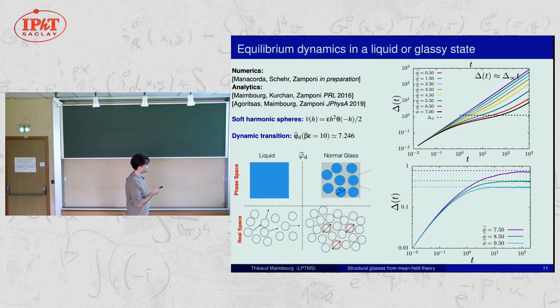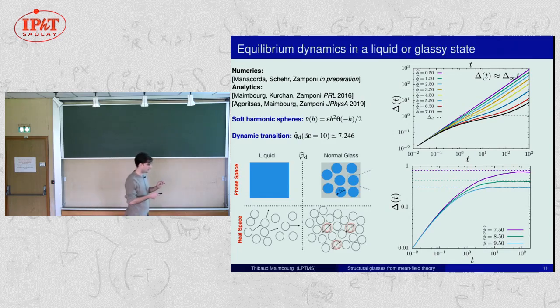So basically what this means is that below this density 7.2, the mean square displacement would be at large times diffusive. But as you increase the density here, you will see that it takes more and more time to reach the diffusive system, so the relaxation becomes slower and slower. And actually, at some point, it will be even totally stopped. You will have no diffusion at the value of the transition.